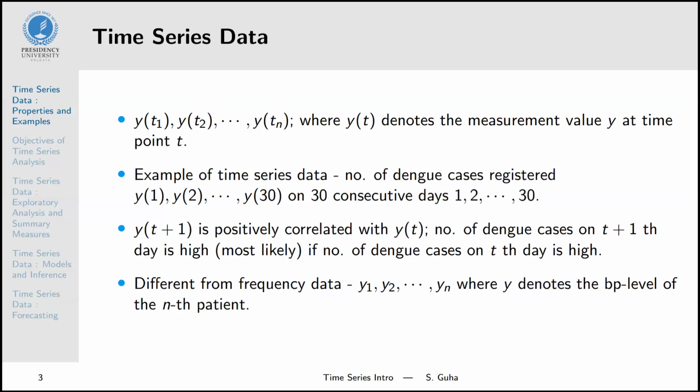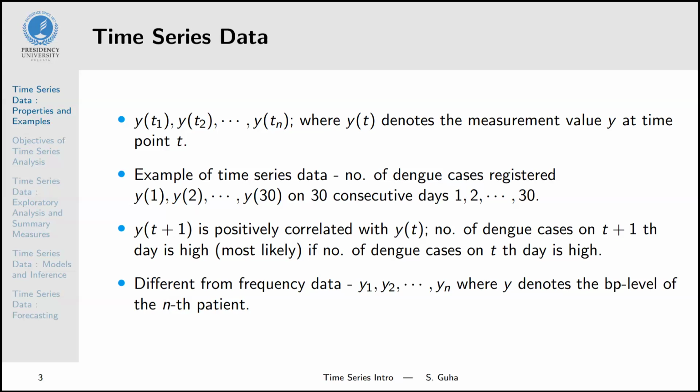Suppose today it is 50, then the day after tomorrow it would probably be 45, but it is most likely not only 2 or 3. That is what I'm saying. I'm not saying that today it is 50, it is positively correlated with tomorrow's number of patients, so it has to be 55. I'm not saying that. I'm saying they are positively correlated.